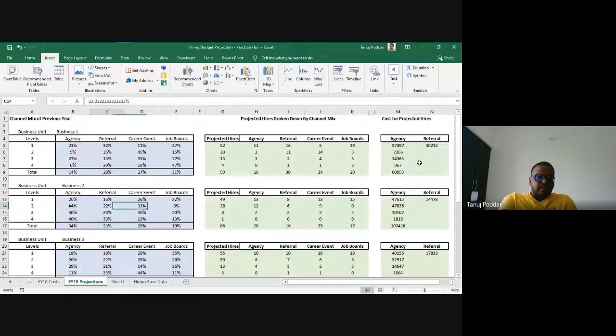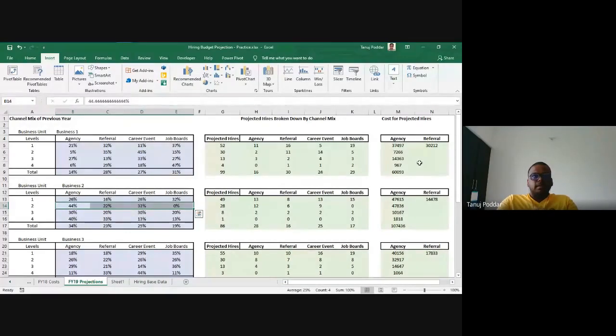And basis that we say that, instead of 44%, we will have a target that we will not exceed 20% in agency, and whatever is left we'll try to bring in through job boards. Or we could say that instead of agencies, we can increase career events or referrals. So the breakdown between the different channels is done keeping in mind the complexity of the roles.